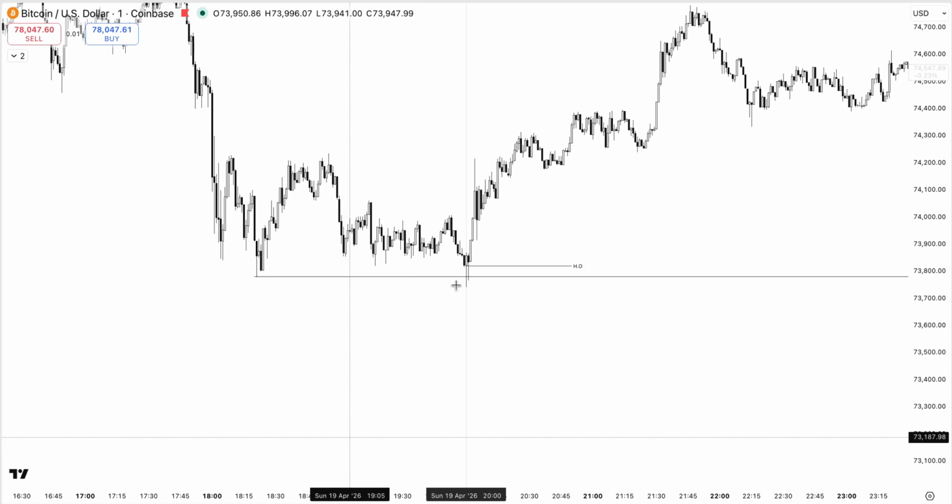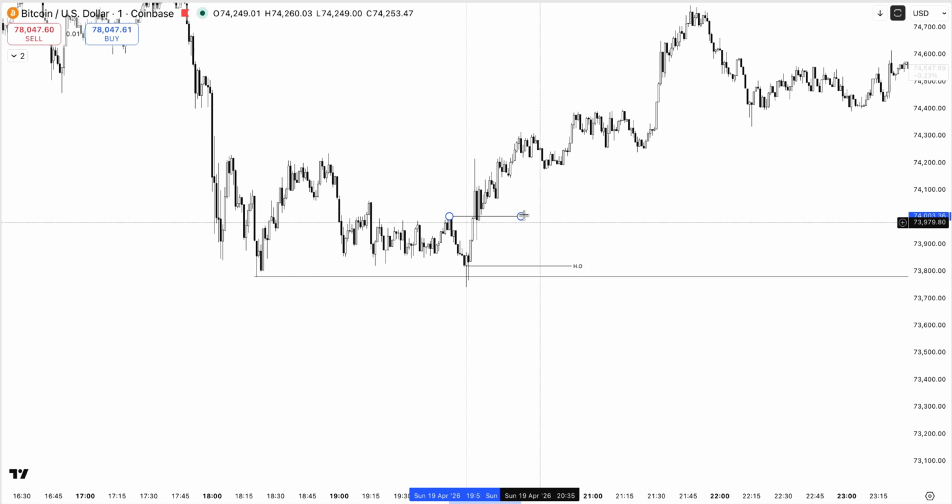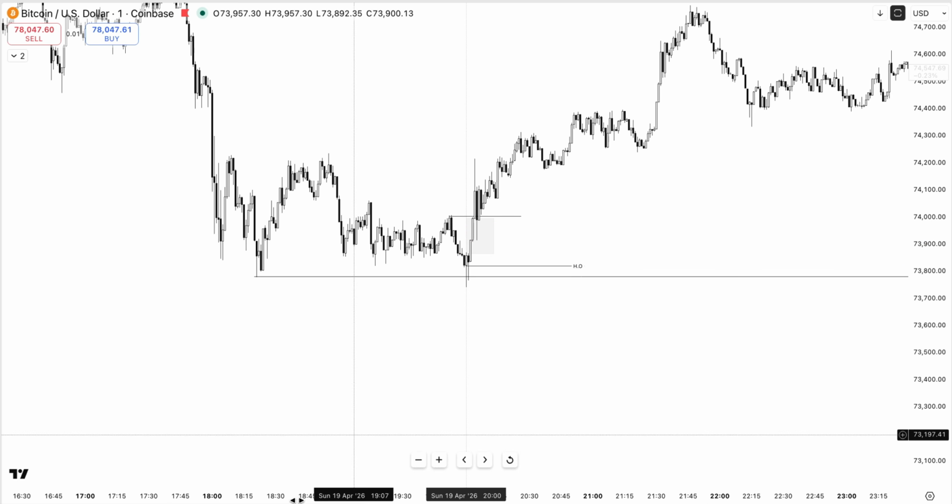Then on the 1 minute, price gave us that market structure shift right here, and we have this fair value gap right there.